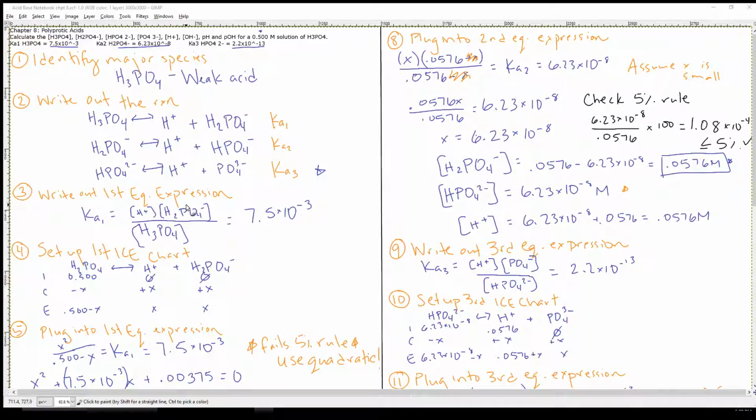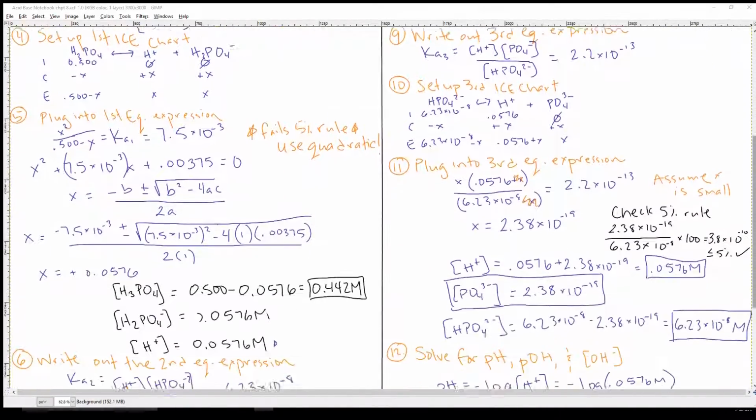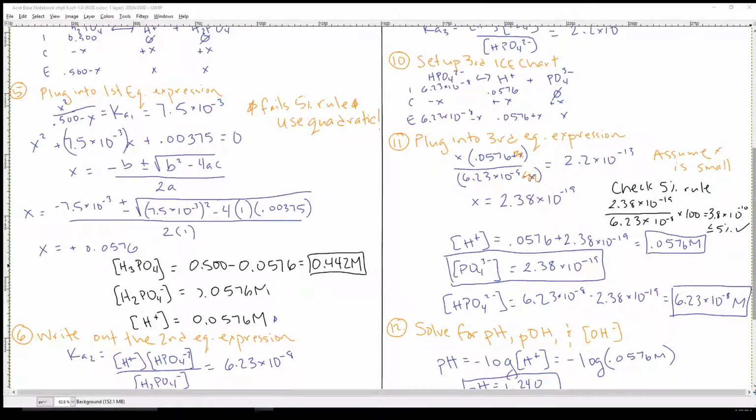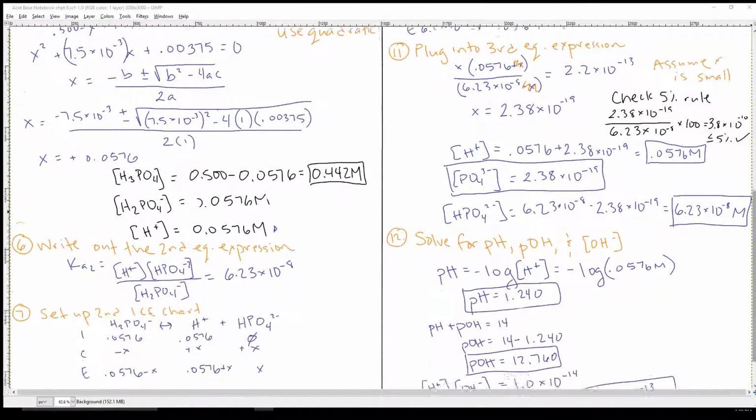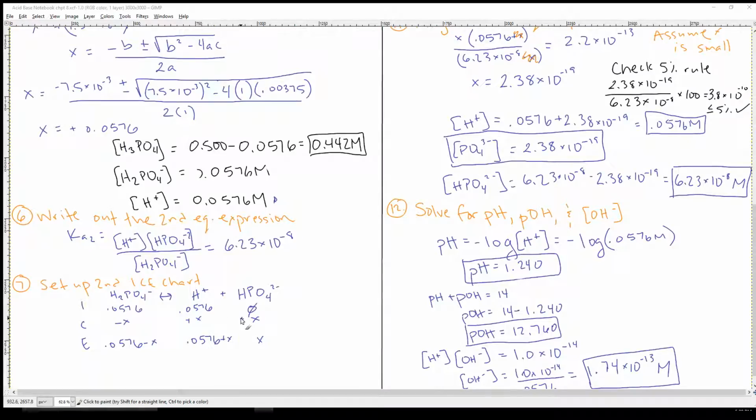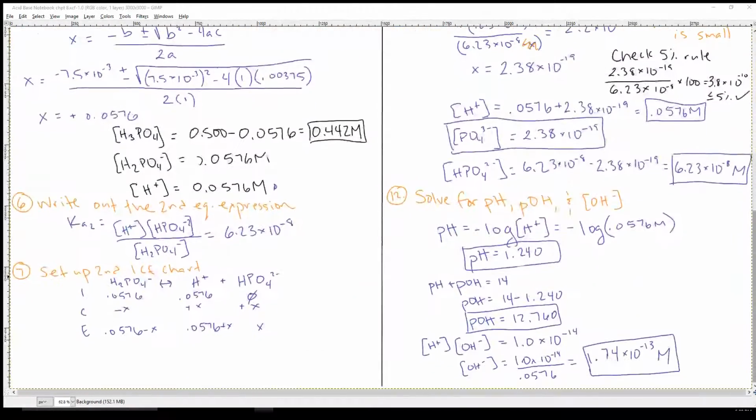We started at the beginning and we moved our way down. Each time we went through the reaction, we had a new hydrogen ion concentration to use as our starting hydrogen ion concentration in our new ICE chart. Then we solved that ICE chart and we eventually had final concentrations, solved for pH and pOH, and we were done. I hope that made sense. If not, go ahead and watch the video again.